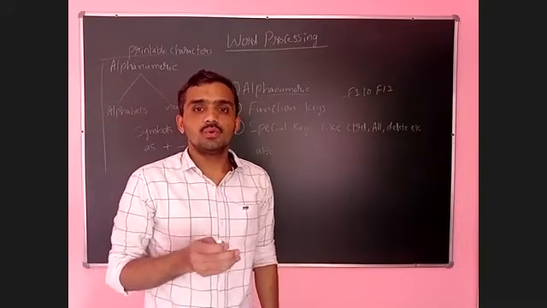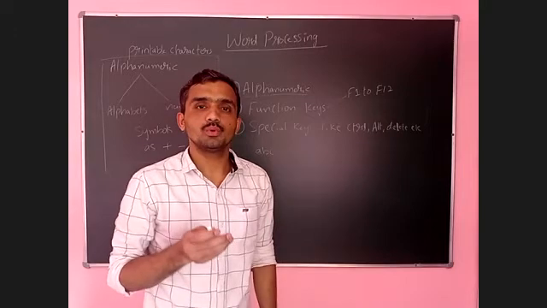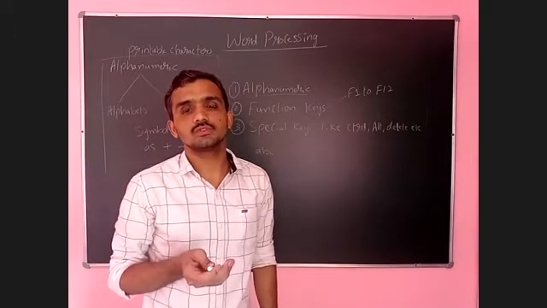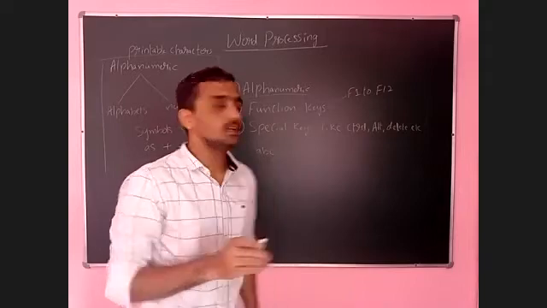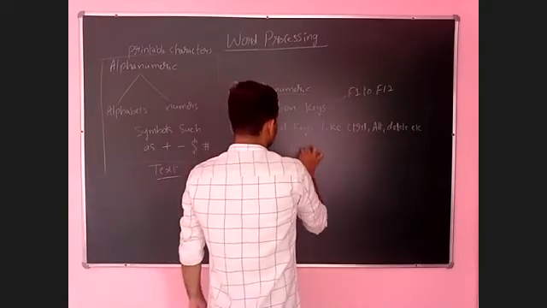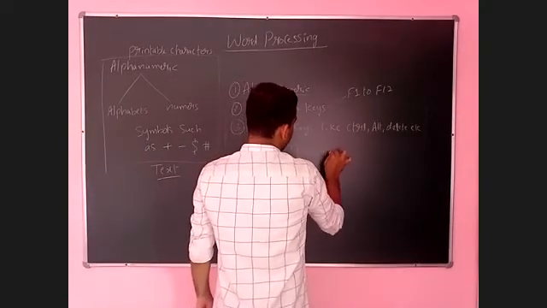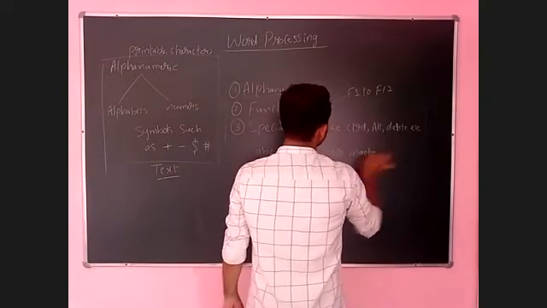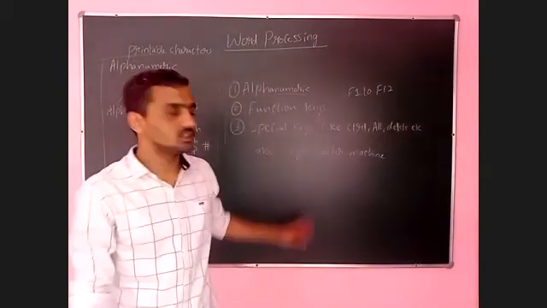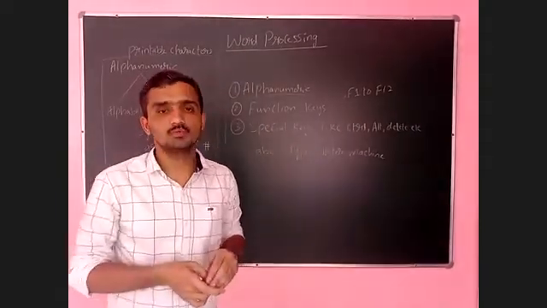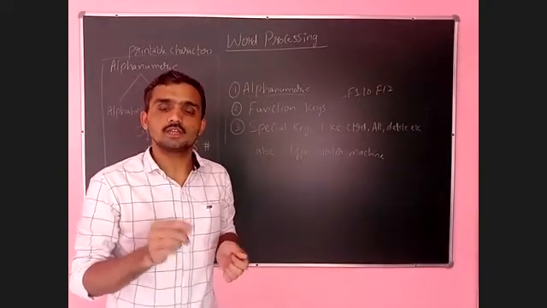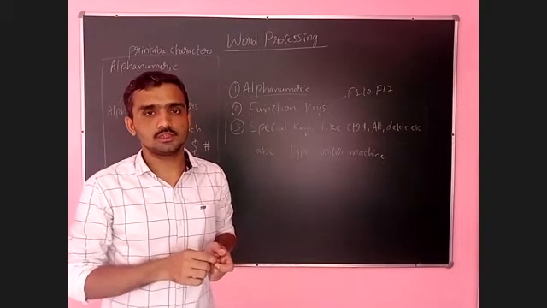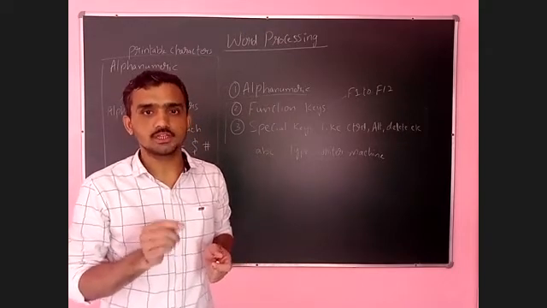Before computers were invented, or we can say before keyboards were invented, there was a mechanical machine called a typewriter machine. Even with this, it was able to print the text on paper. I think you might have noticed the typewriter machine, the typing machine, as we call it.